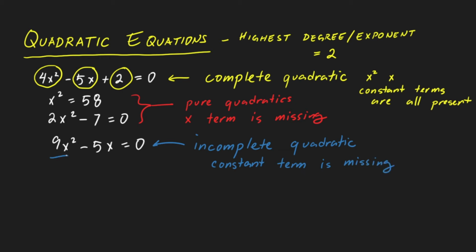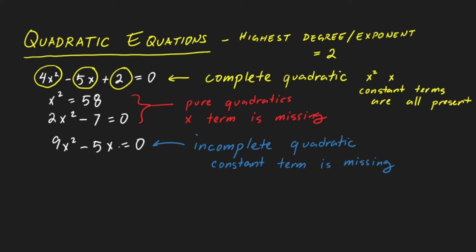You can see there's only an x squared term and an x term. The 0 is not considered a constant term because that is 0, of course. So there we go. No constant term here. Where is the constant term? You don't see any constant term there. So that's why it's called an incomplete quadratic.